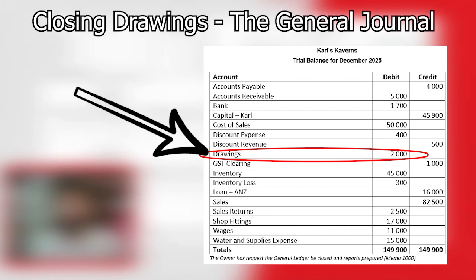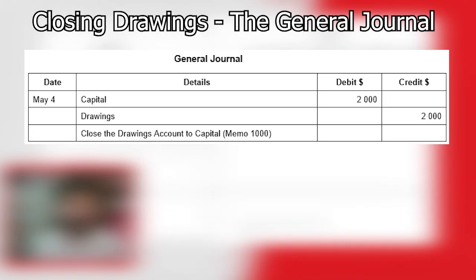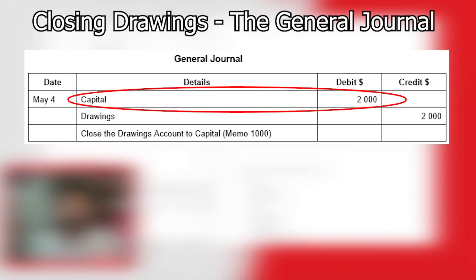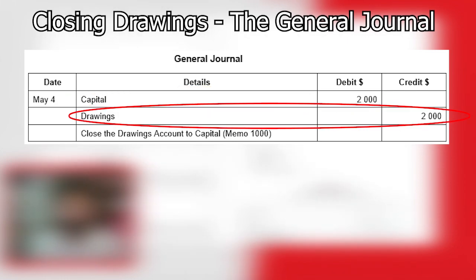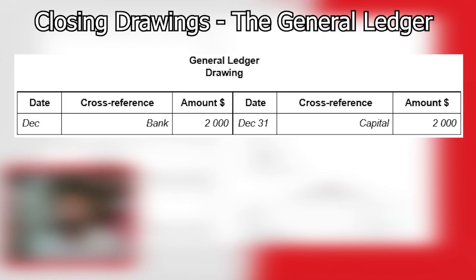So debit 2,000 on capital, and drawings credit 2,000. And that means our drawings will be 0 because debit 2,000 when we took the money out and credit to close it off.